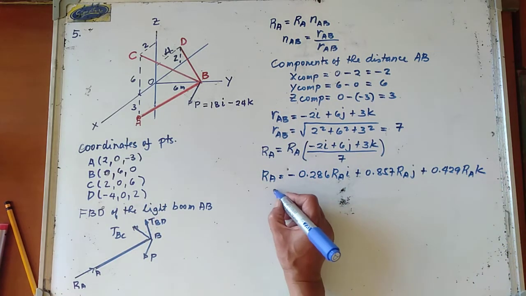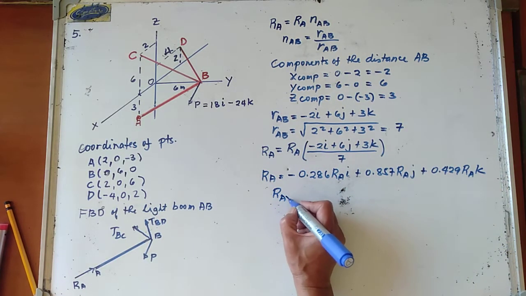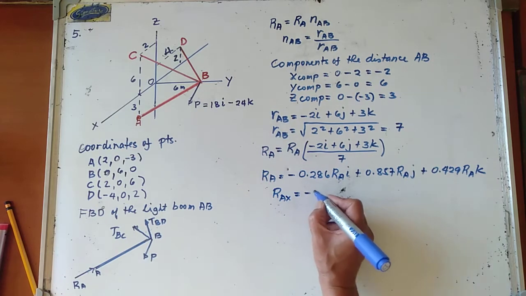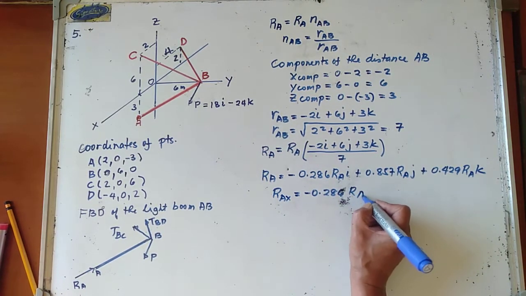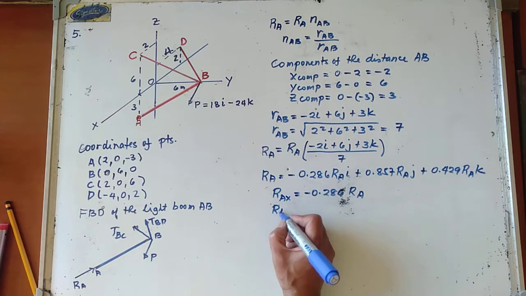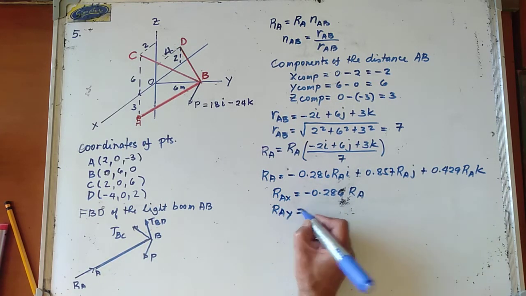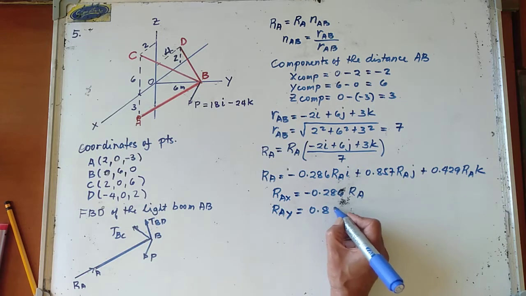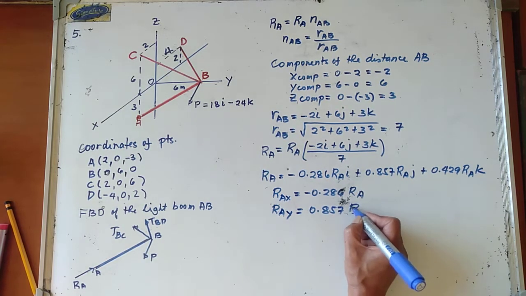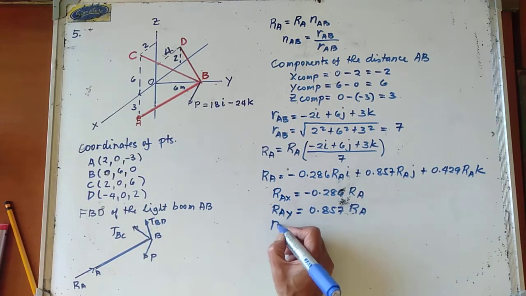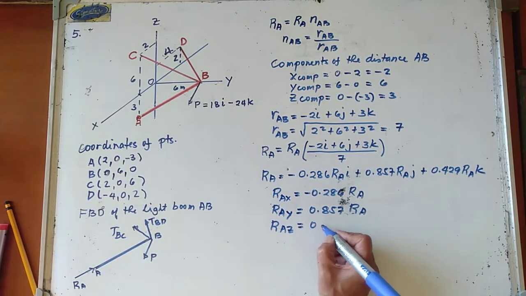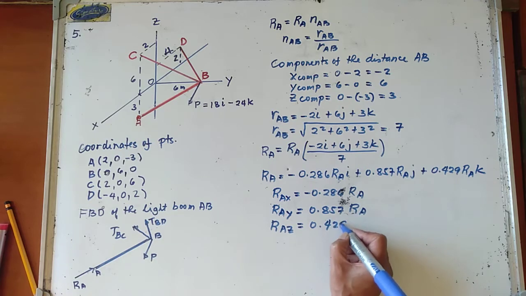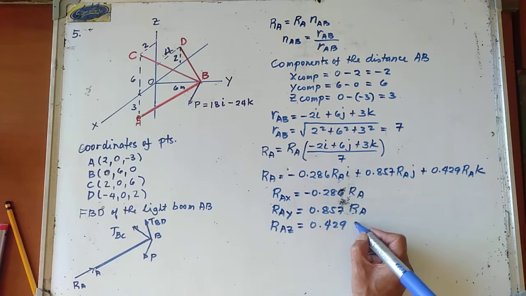So in scalar form, RAX is equal to minus 0.286 RA, RAY is equal to 0.857 RA, and your RAZ is equal to 0.429 RA.